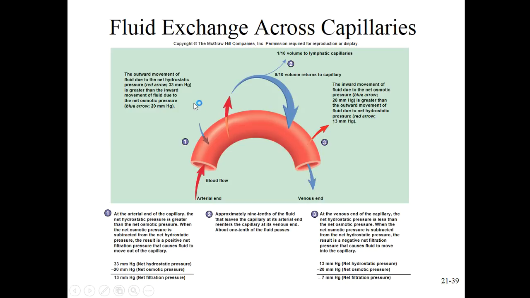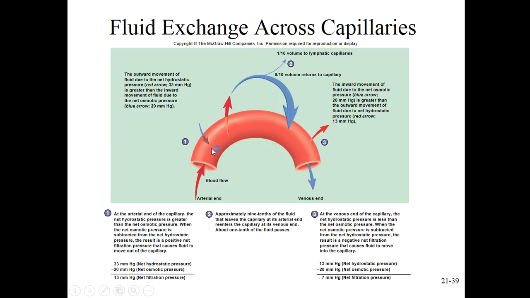Here are the different pressures that are illustrated here by the different arrows. This red arrow here represents the fact that there is positive blood pressure. We have higher blood pressure on this side of the capillary than we do out here in the tissue, and so fluid is being squeezed out of the capillary. This little blue arrow is representing the fact that there is a hydrophilic plasma protein called albumin.